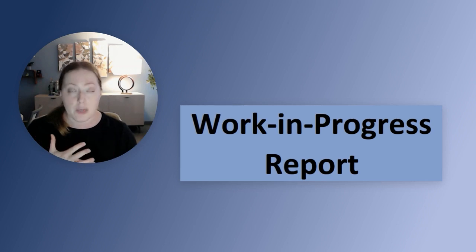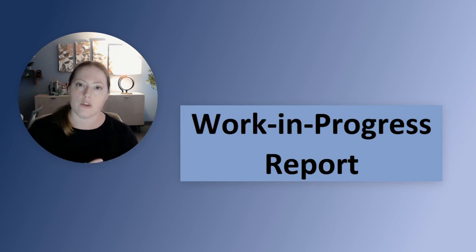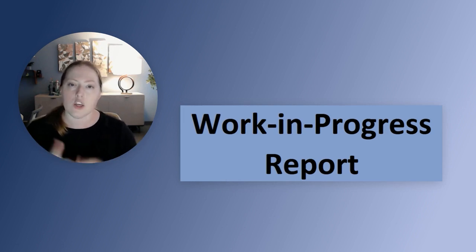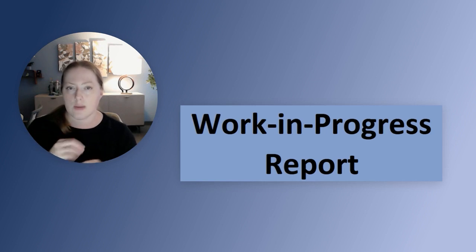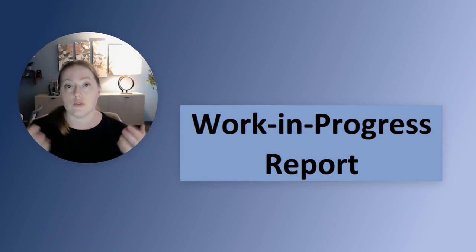And the fourth piece is going to be on what happens when you're not using work in progress reporting in your financial statements. If your bookkeeper and your accountant are not using that work in progress adjustment on your profit and loss statement, how your profit and loss statement is actually going to look.